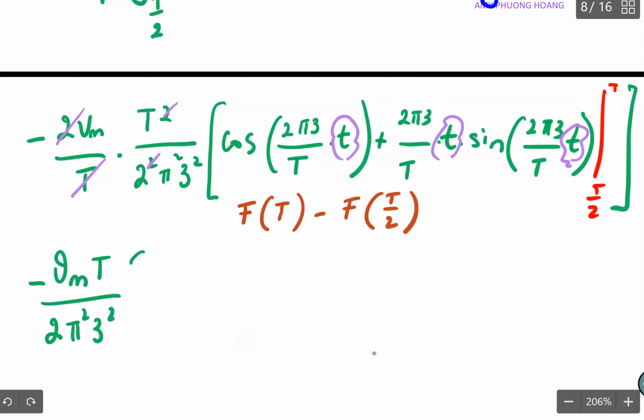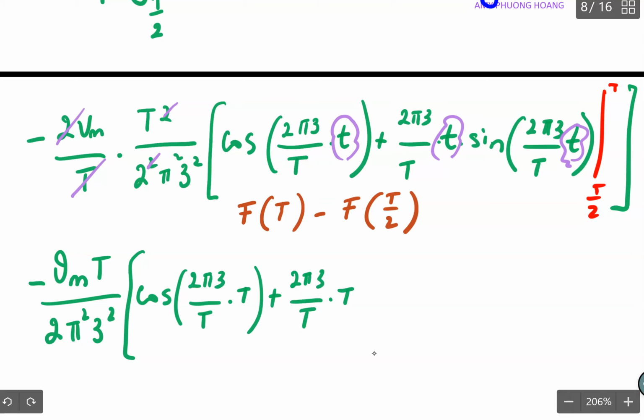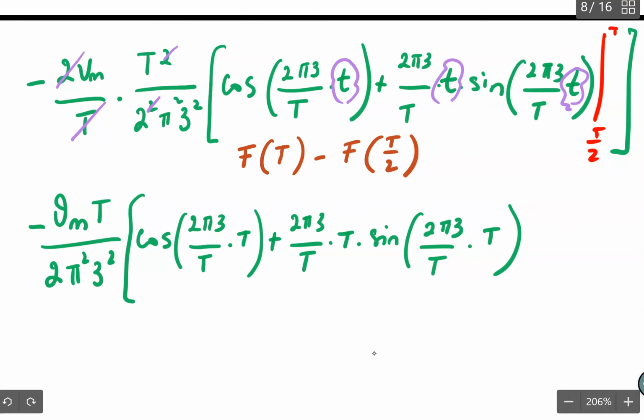Okay, so inside this bracket I should have cos of 2 pi 3 times t. Now I will times that with t. Okay, now add that with 2 pi 3 over t, now times this with t, and then sine of 2 pi 3 times t, times that with t, and I will subtract the cos of 2 pi 3 over t.